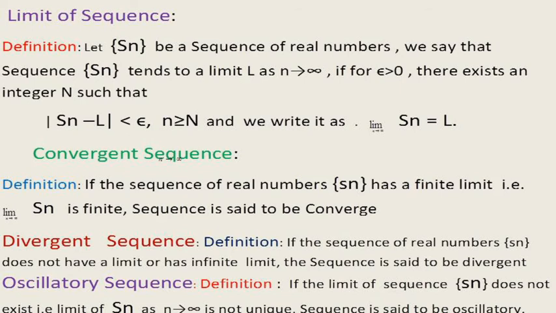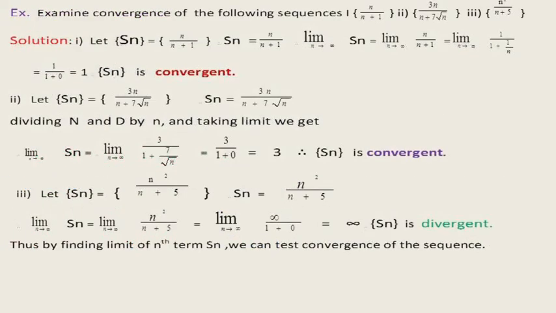And similarly, a divergent sequence: if the sequence of real numbers S_n does not have a limit or has an infinite limit, the sequence is said to be divergent. Oscillatory sequence: if the limit of the sequence S_n does not exist, that is, the limit of S_n as n tends to infinity is not unique, the sequence is said to be oscillatory.